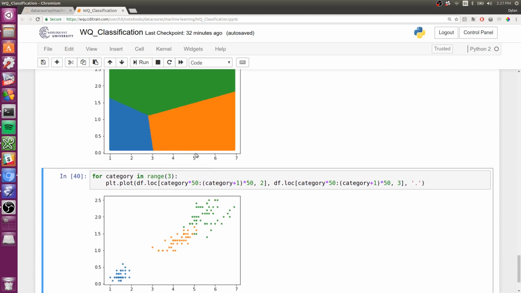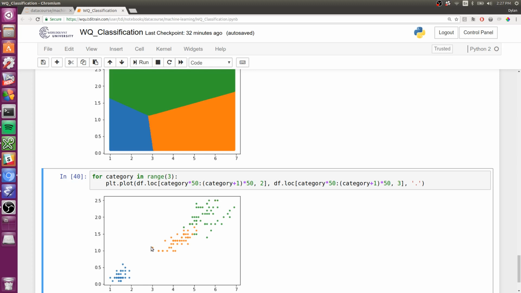Okay, so the colors, do they match up? Yeah, they match up. So we see the decision boundary for blue cuts from down like this, cleanly separating off blue.